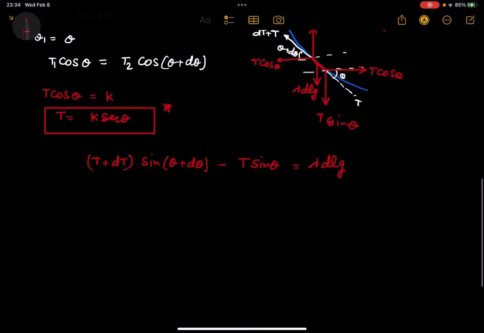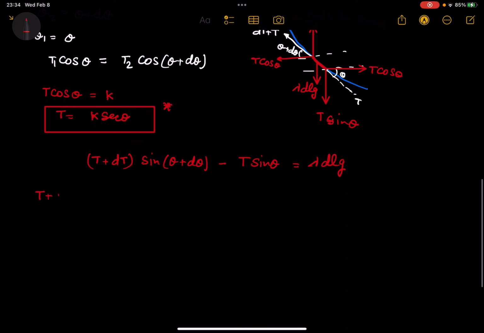I apply this one: (T plus dT) times (sin theta cos d theta plus cos theta sin d theta), minus T sin theta is equal to lambda dl g. Understood?